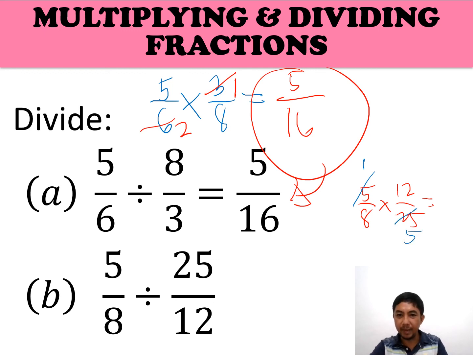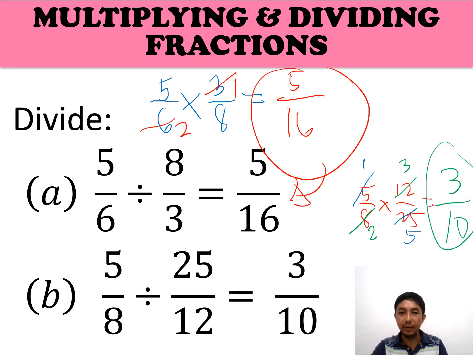Likewise, yung 12 and 8 are both divisible by 4. So 12 divided by 4 is 3. 8 divided by 4 is 2. Then, saka mo na i-multiply. 1 times 3 is 3. 2 times 5 is 10. So, your final answer should be 3 over 10.